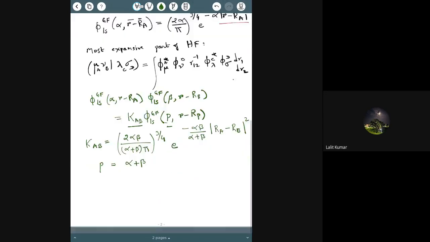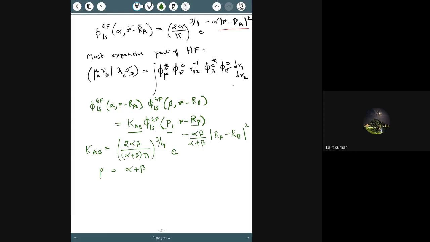And the other thing that you need to know is, of course, where this new Gaussian is centered, that is Rp. And Rp is simply a point which lies on the line joining A and B. Okay, and this point is placed such that it divides the line in the fraction alpha is to beta.